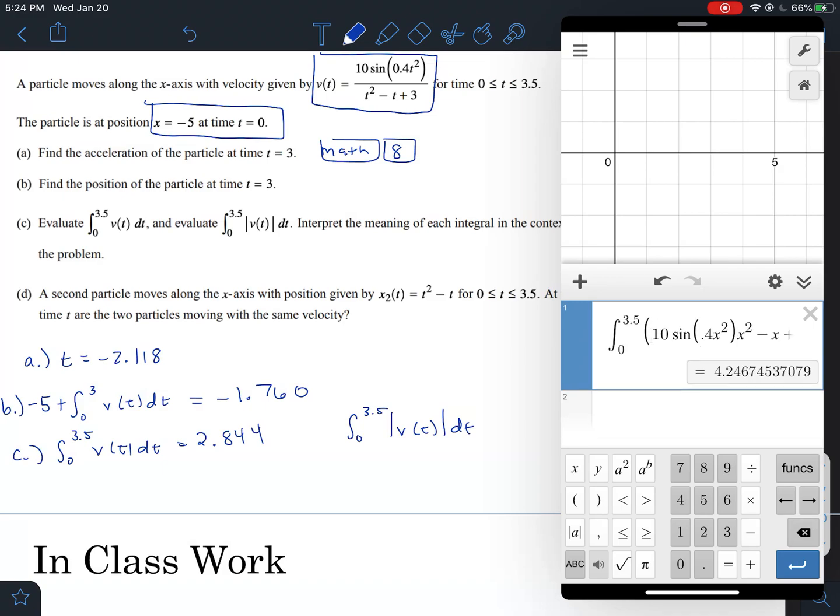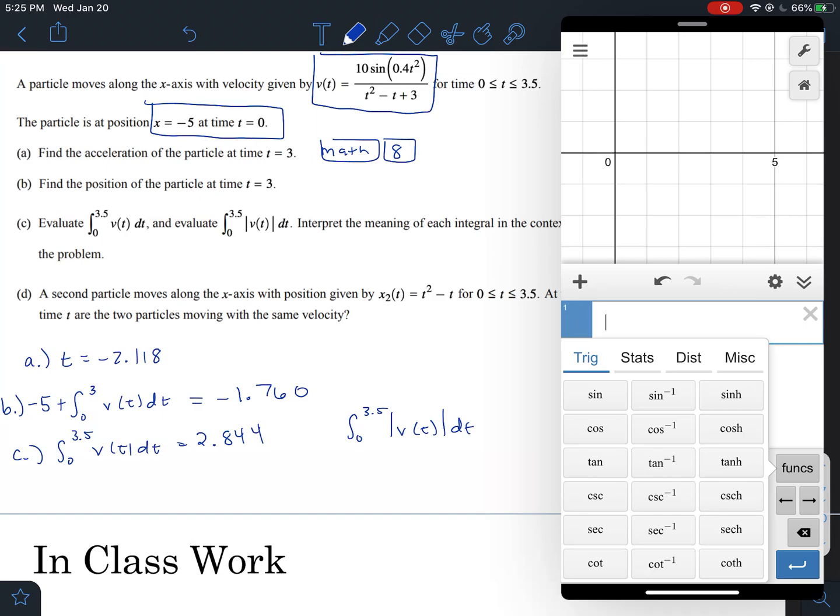So now I'm just going to throw in some absolute value bars. Whoops. Okay, let's just start over.